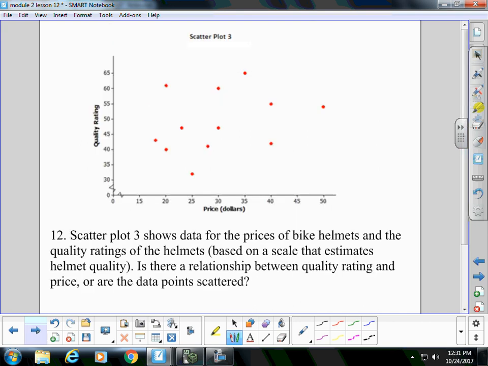Okay, scatter plot 3 shows data for the prices of bike helmets and quality ratings. Based on the scale that estimates quality, is there a relationship between the quality ratings and price, or are the data points scattered? I would say this one's definitely scattered.